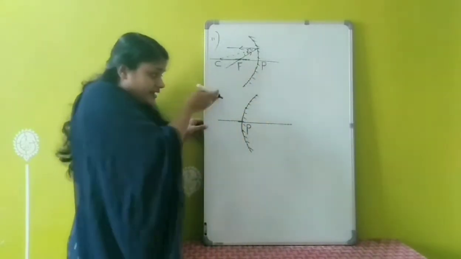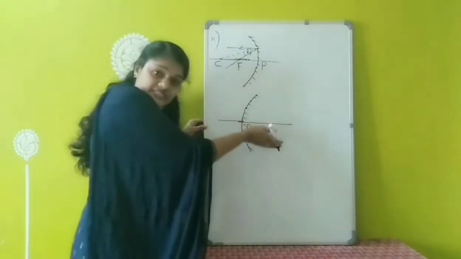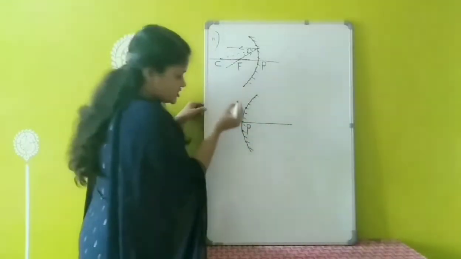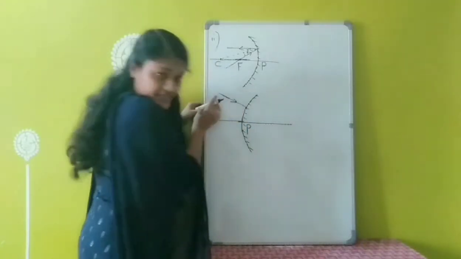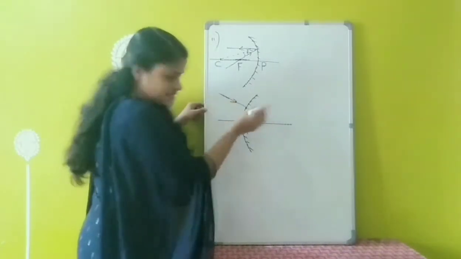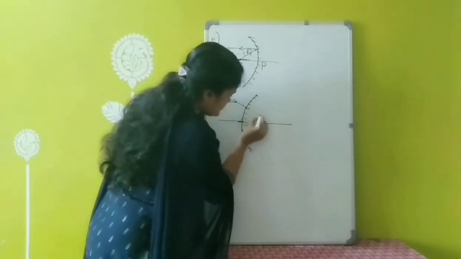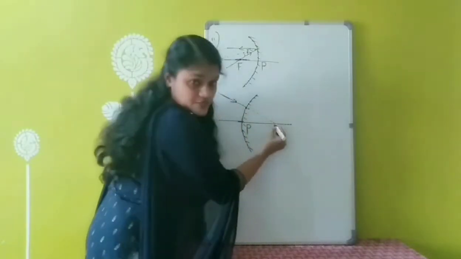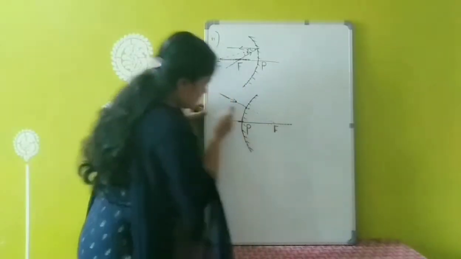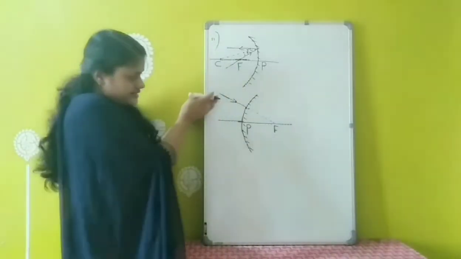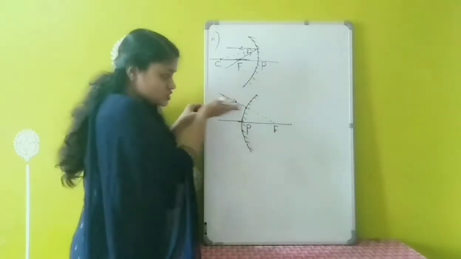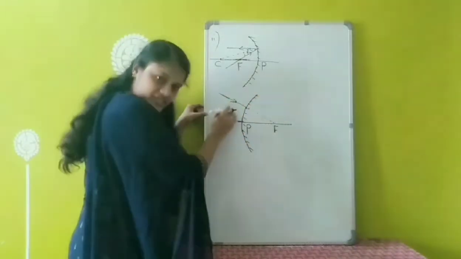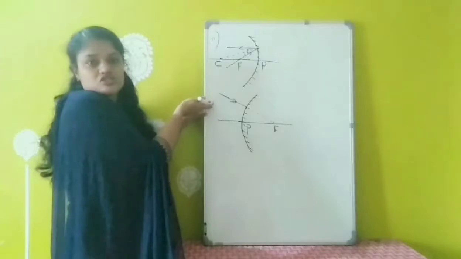Here a light ray which is directing towards the focus. Suppose I am drawing a light ray. So this is the light ray, and suppose I am extending this light ray. It means which point? Focus. So this light ray is coming from the object, and this light ray is directing towards the focus. So a light ray which is directing towards the focus after reflection passes parallel to the principal axis.